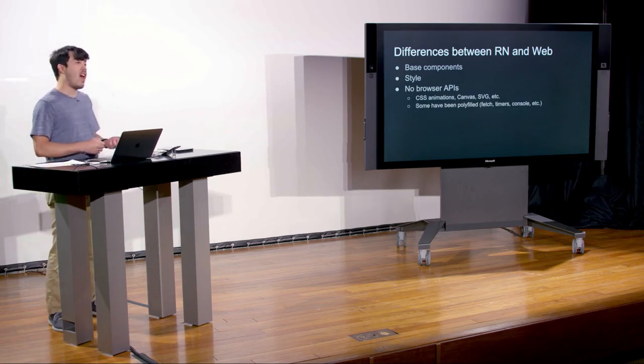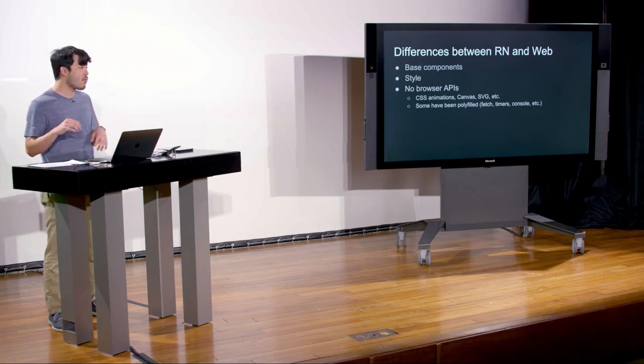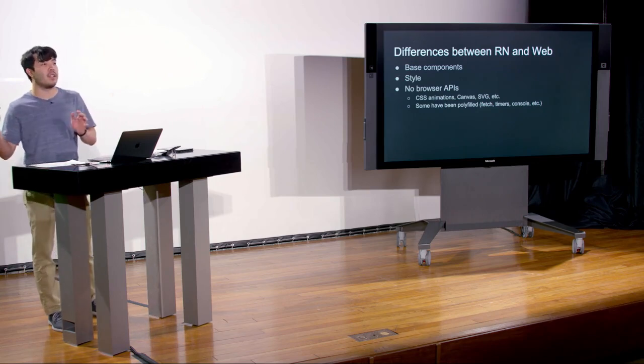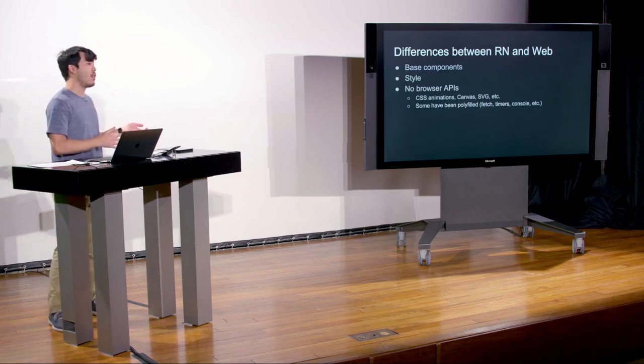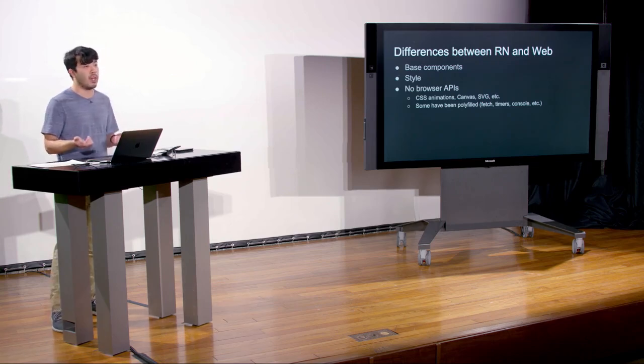But there are actually things that have been polyfilled. Polyfilled is a term that people use to mean some methods or functions that might exist in one environment do not necessarily exist in all environments. By polyfilling these, we can actually implement them such that all environments will have these.